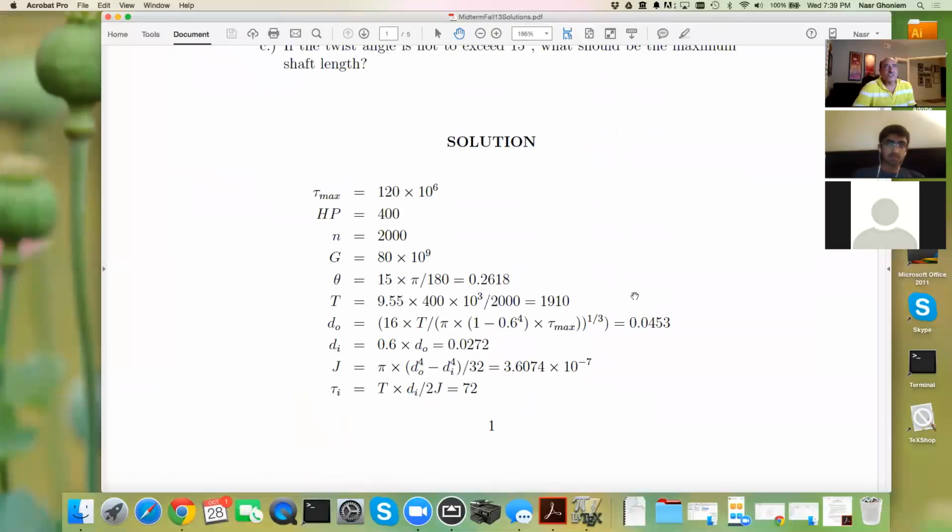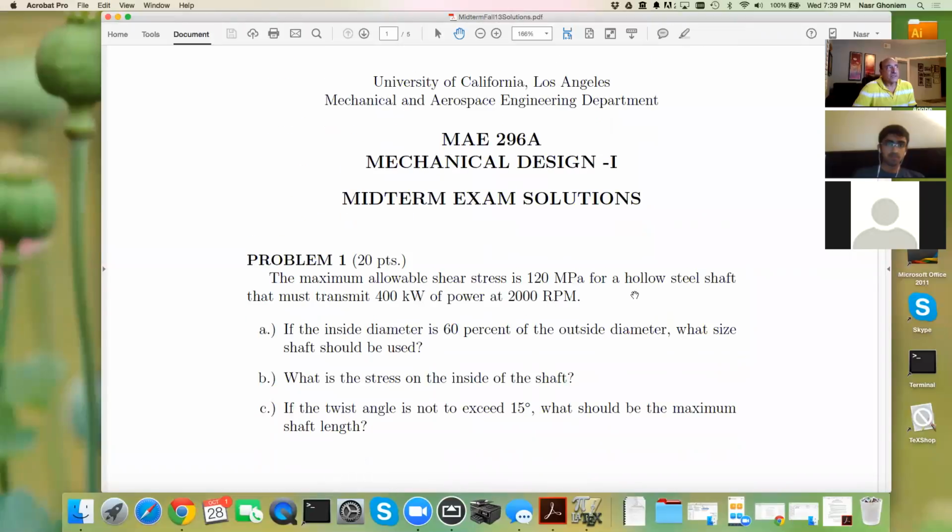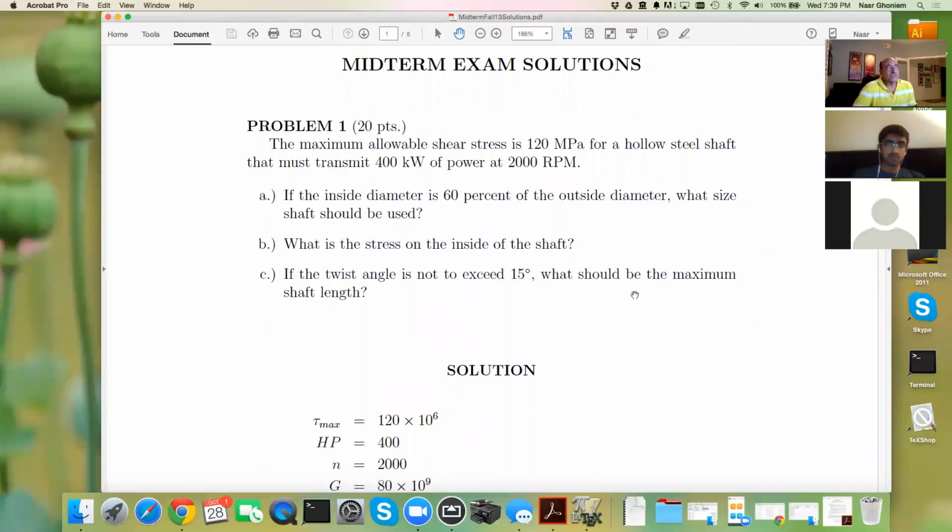This is a midterm exam in 2013, and it has 5 problems. The first one is on the relationship between the shear stress and the power and the torque.